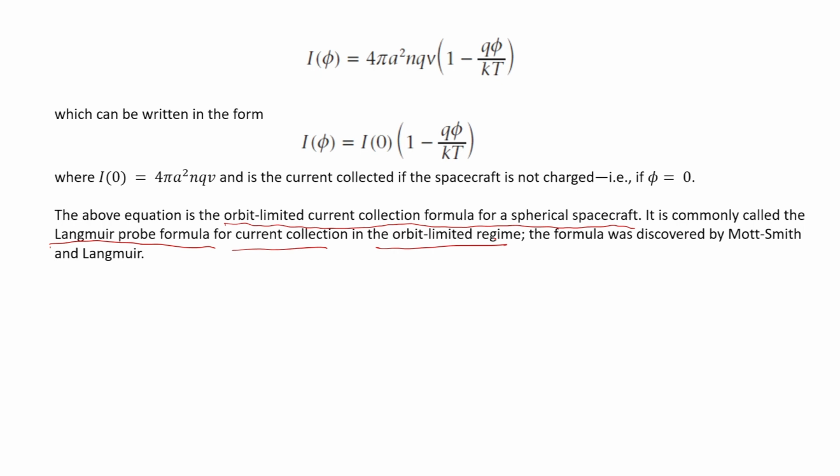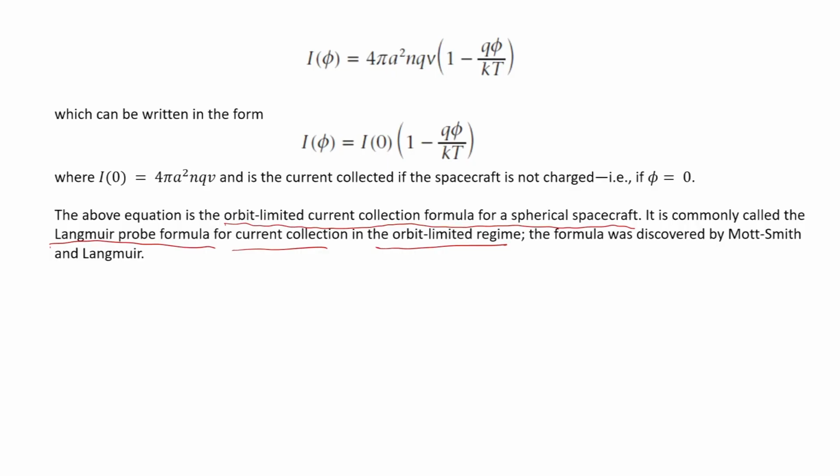Already I said what the orbit limited regime is, where the motion of that charge is governed by the angular momentum. Okay. So, this formula was discovered by Mott-Smith and Langmuir.